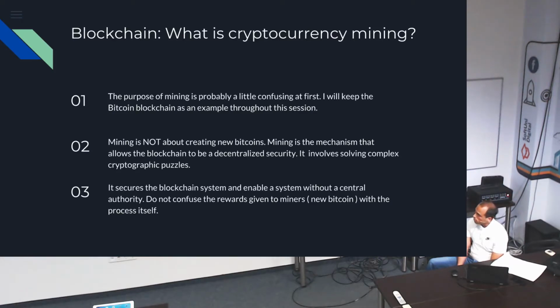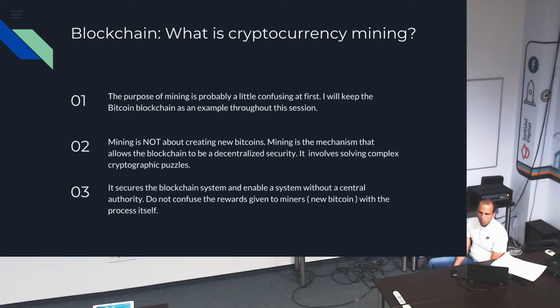Mining is not about creating coins only, as most of the guys are thinking. As it is said, it's the mechanism that allows the blockchain to be really decentralized security. I mean that we have no authority that stands behind it.